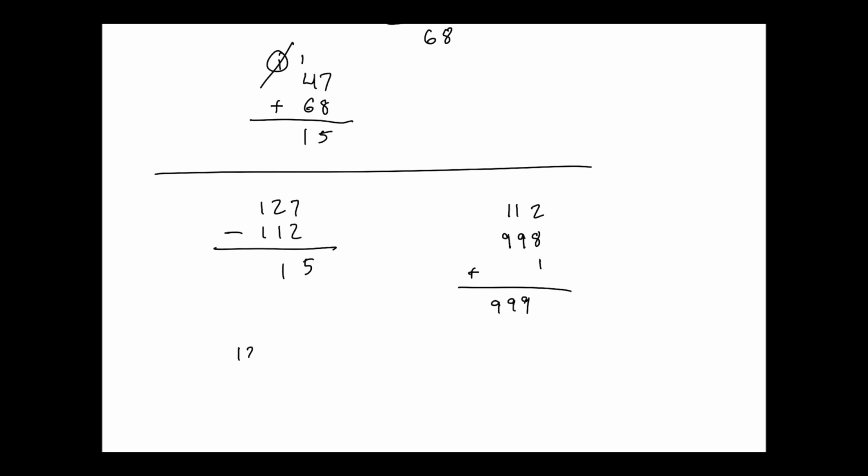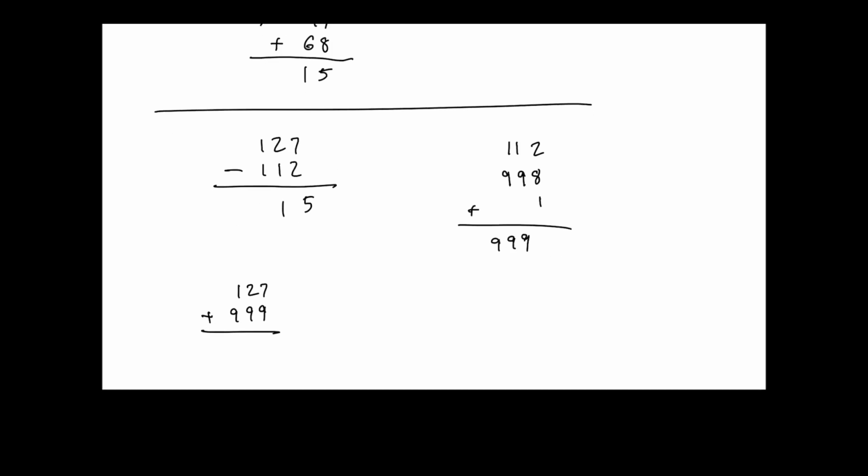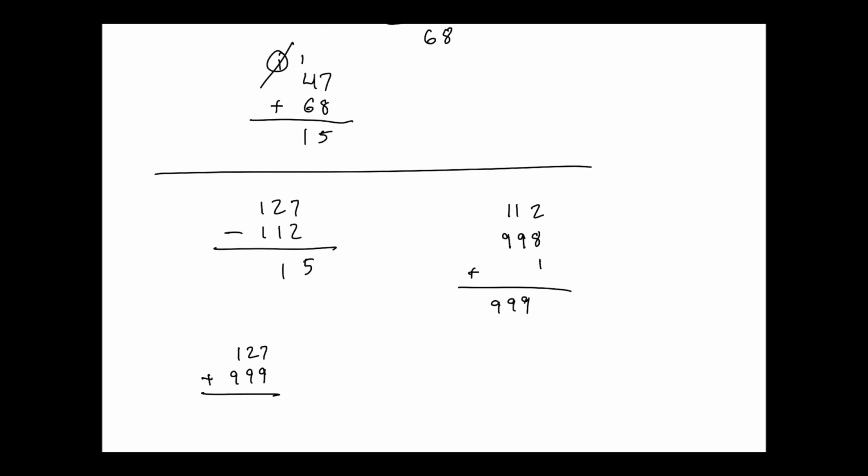Okay, so I'm going to take 127 and 999, and add these, but I'm going to throw away anything that would carry into the 4th digit. I have 3 digits so far, right? I'll do addition and carry as necessary, but anything that would carry into the 4th digit, throw it away. All right, so 7 plus 9 is?